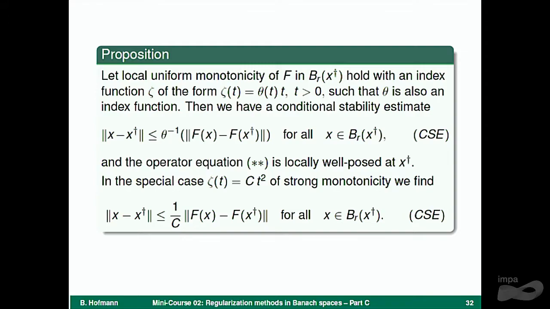And in the same way, in the special case that theta is proportional to d squared, we even have strong monotonicity again as a conditional stability estimate, and here again with such a ball Q.